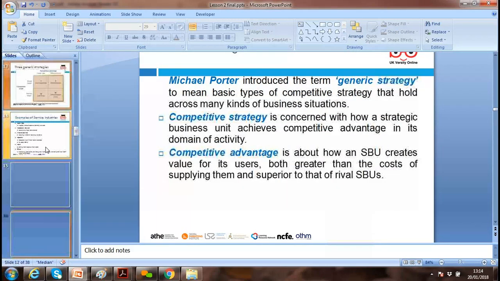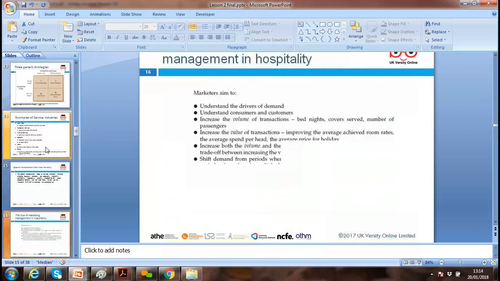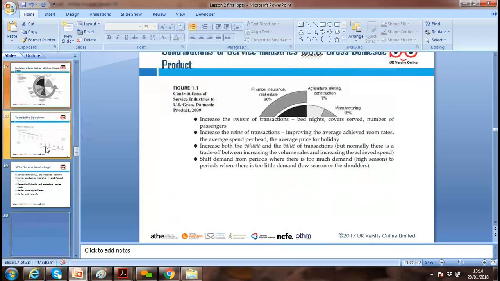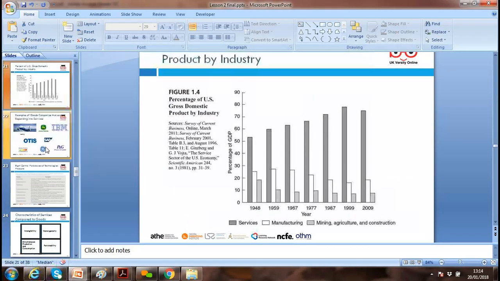We discussed Michael Porter's forces, strategies, and competitive advantage, and what comes under hospitality, and how much the hospitality business is worth in the state and the rest of the world.